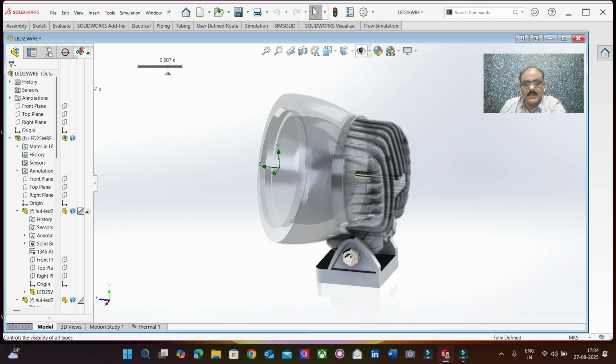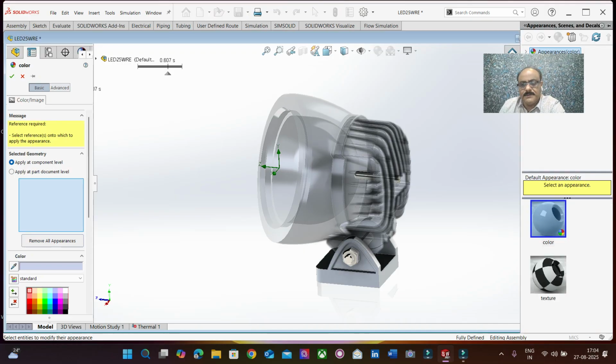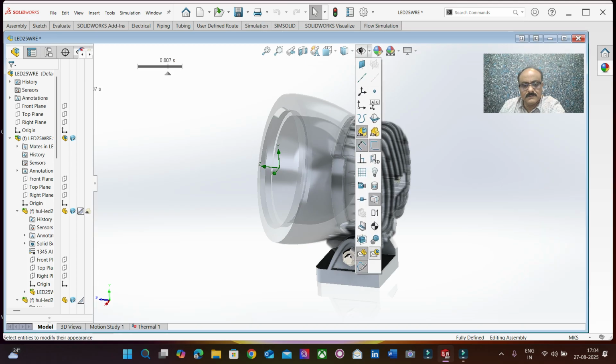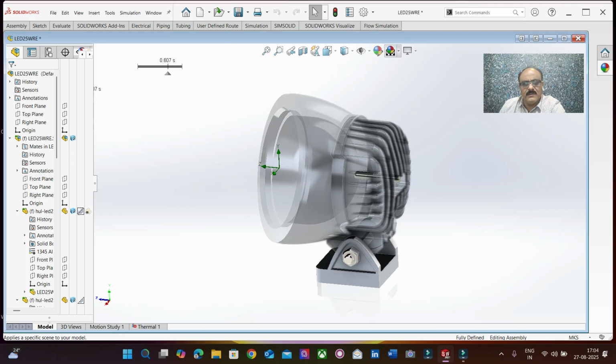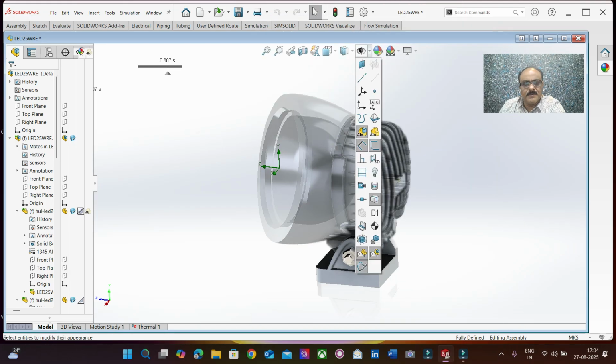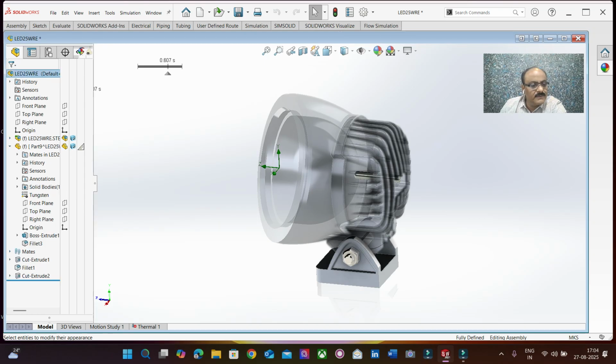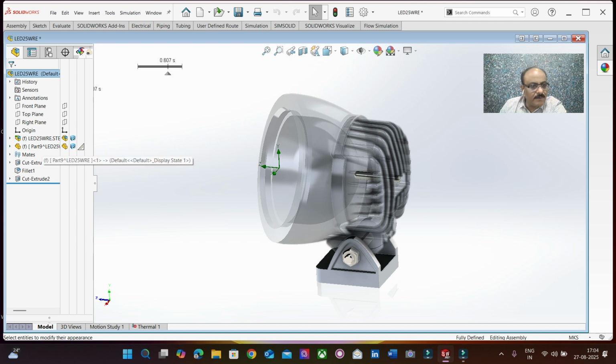Okay, so now we can remove the material property for some time, so that the visualization will be proper.